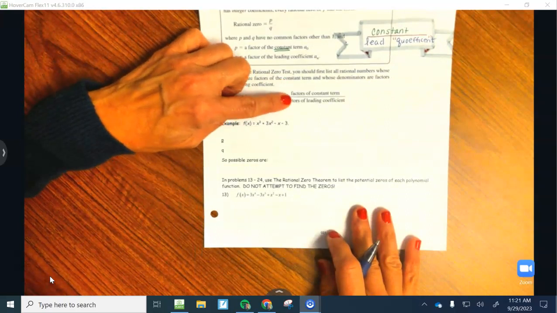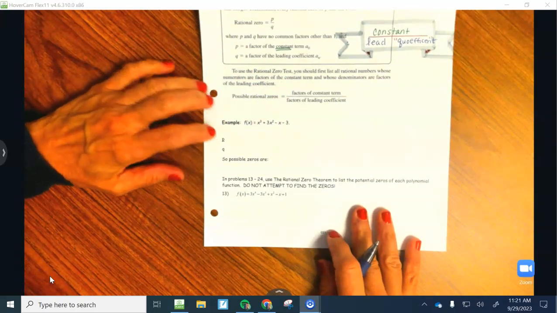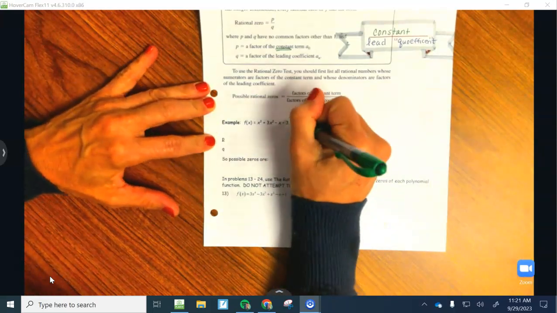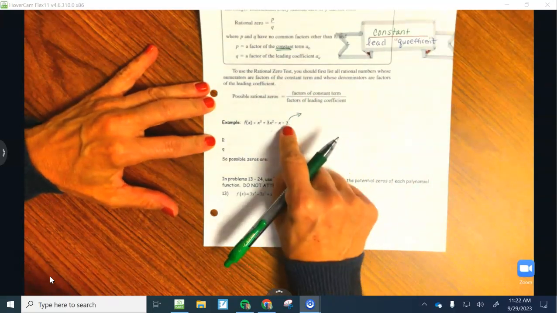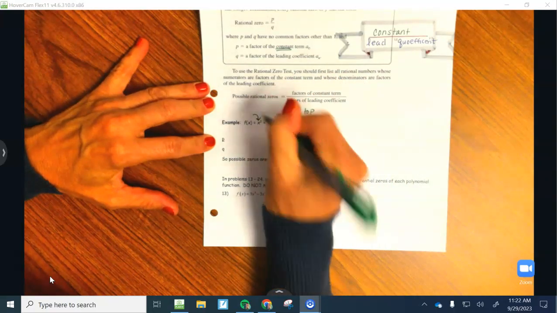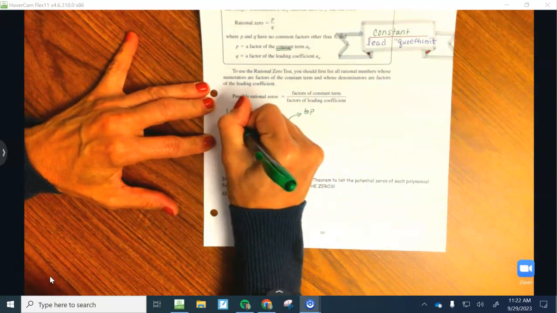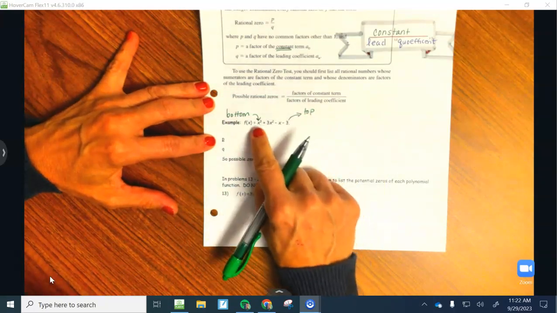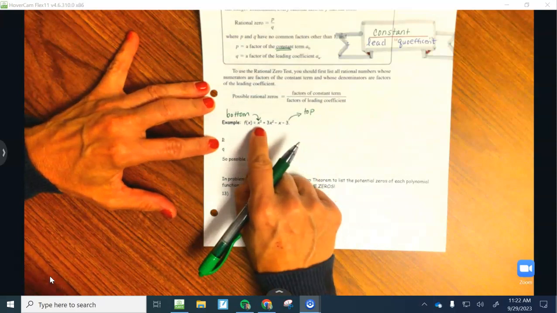Please remember, we're talking about factors. Let's look at this example. This is my constant term, so it is going to be on top. This is my leading coefficient, so it is going to be on bottom. Now remember, this is understood to be a 1 when it's not written.